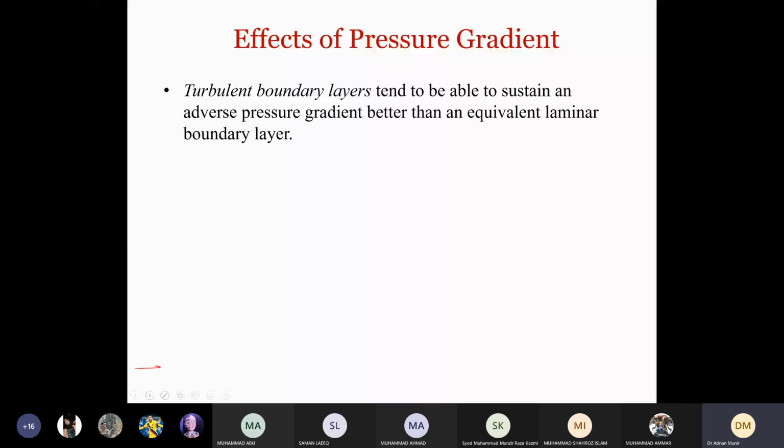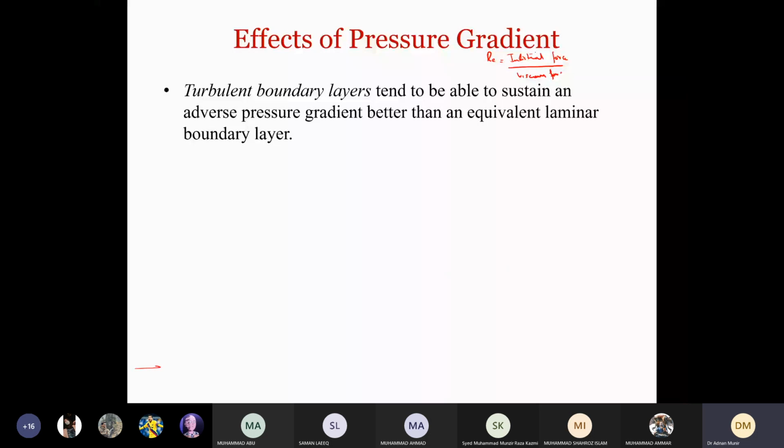I'm repeating this again and again just to show you the importance of Reynolds number in fluid mechanics. Reynolds number is basically inertial force over viscous force.